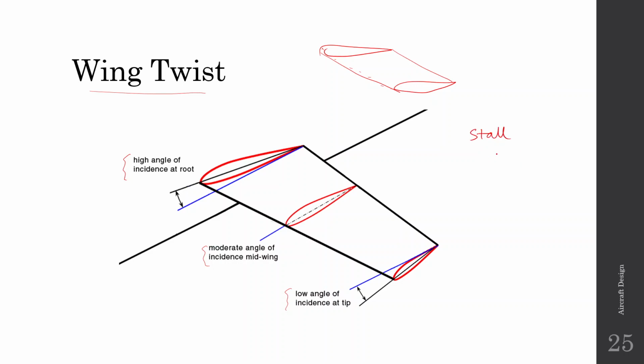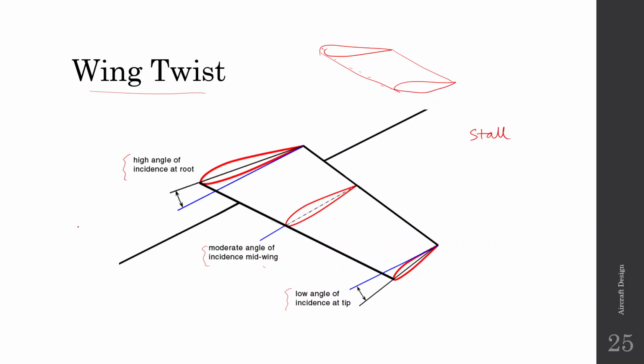So during stall, if you want to improve the handling capabilities, or to create more margin of safety during the stall regime, then you twist the wing and attach it like this.